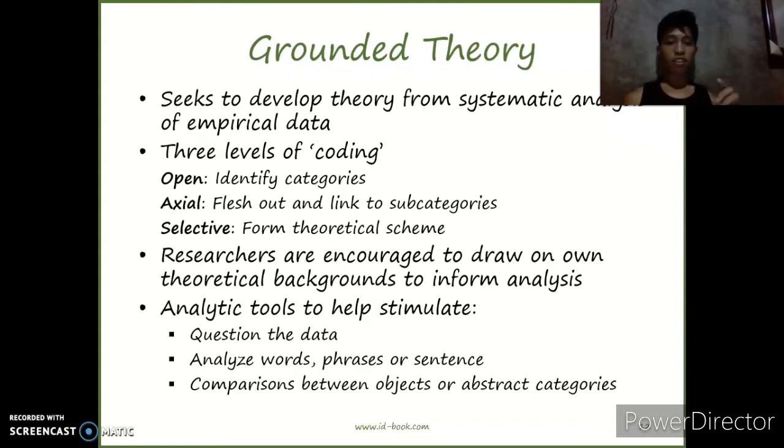Selective coding forms the theoretical scheme. Researchers are encouraged to draw on theoretical backgrounds to inform analysis. Analytic tools help stimulate this: question the data, analyze words, phrases, or sentences, and make comparisons between objects or abstract categories.